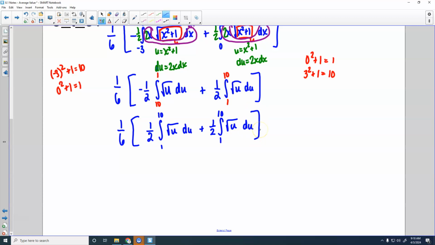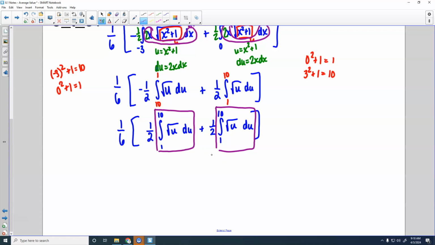Now, does anybody else see something I can do here to make this a little bit easier of a problem? I could take out the 1/2, or, this and this are the same integral, right? So if I've got half of something plus half of that same thing, what's it give me?